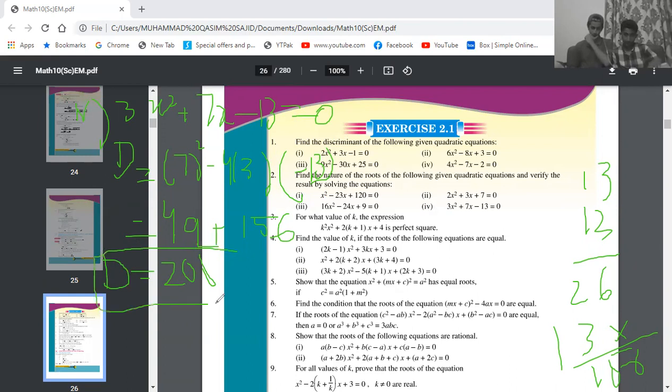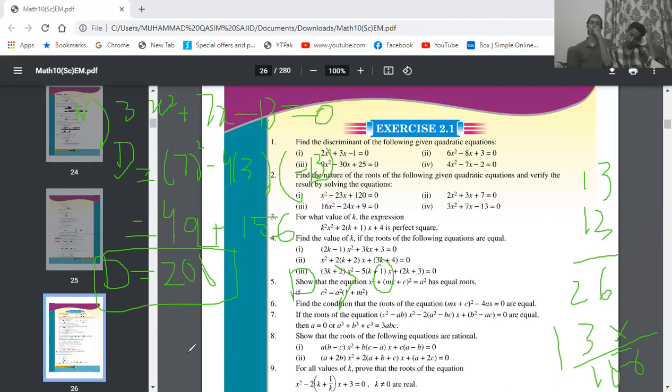Now 205 is greater than 0. This is the first case. So discriminant is greater than 0 in this case, and there are two cases, whether it is a perfect square or not a perfect square. The answer, 205, is not a perfect square.